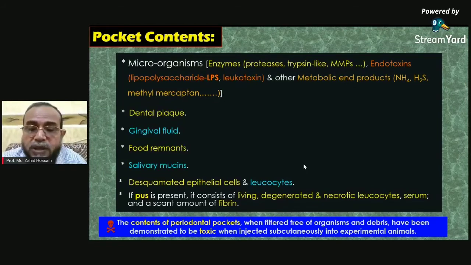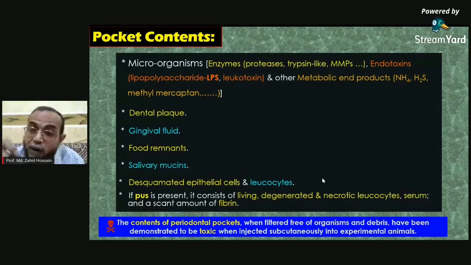They are very toxic. This is an animal experiment. If you take the pocket content and kill all the bacteria, then take the pocket content and insert it in any animal body, you will find that tissue destruction occurs. So the animal experiment showed and confirmed that the pocket contents are destructive for tissue, because they destroy the animal tissue without the bacteria.